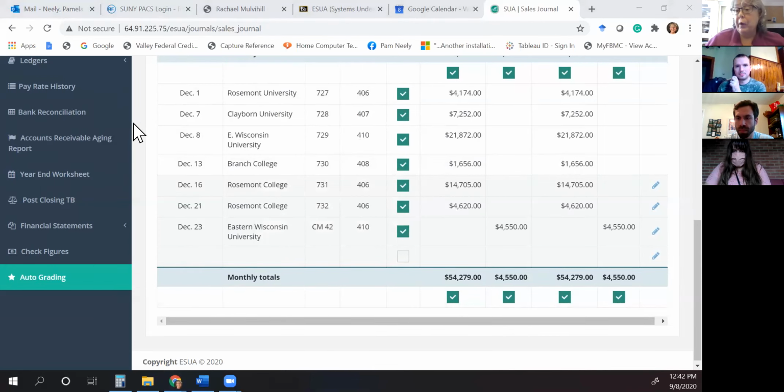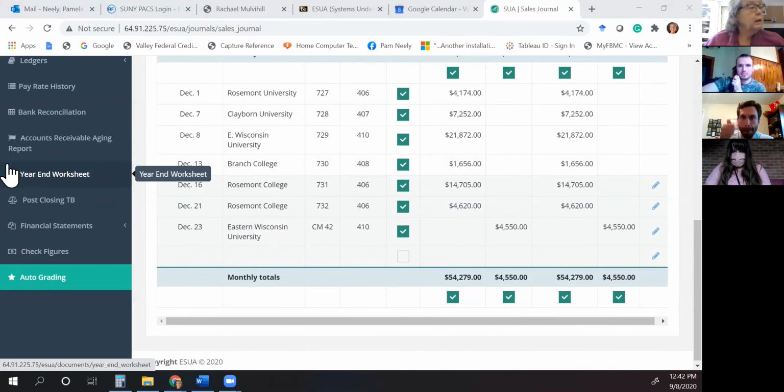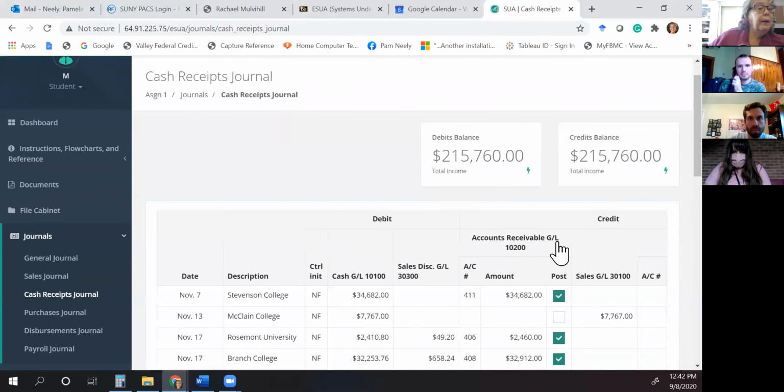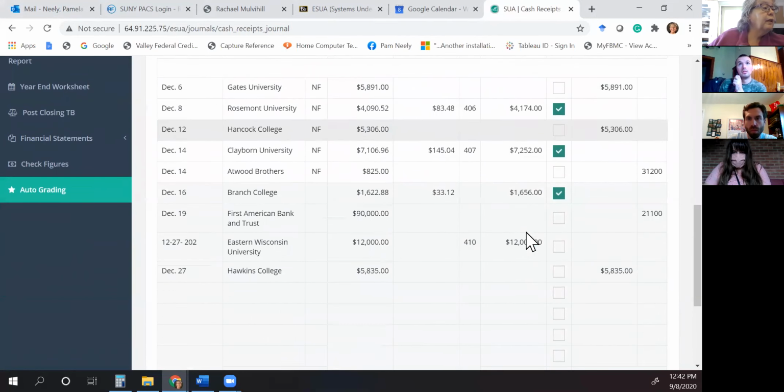Okay, so now are we ready to move on to the cash receipts journal? Cash receipts, we had several of those. We had the original cash receipt from Branch College, and that caused everybody a headache because they submitted $1622.88 in full payment. If you went out to the accounts receivable subsidiary ledger, you found that the invoice was actually for $1656.